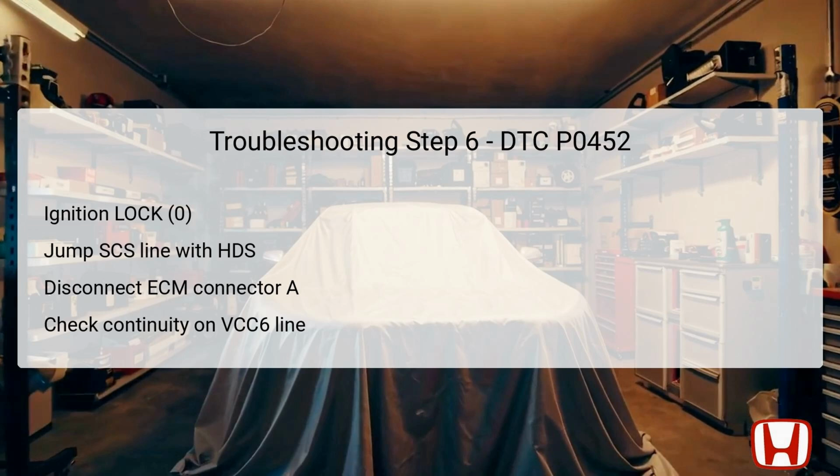If continuity is restored, the VCC6 wiring is likely functional. In this case, it's recommended to either update the ECM software or replace the ECM with a known good unit. If the continuity test fails, this indicates a break in the VCC6 line, which requires repair.